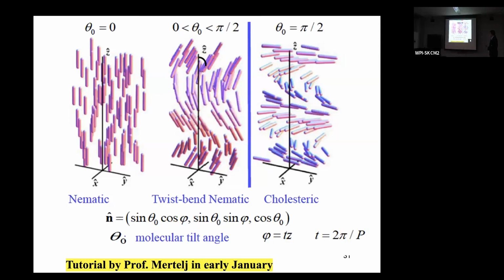In the limit when theta 0 is equal to pi over 2, we have a cholesteric phase we discussed earlier. And then at intermediate angles, we have the twist bend nematic state, right?